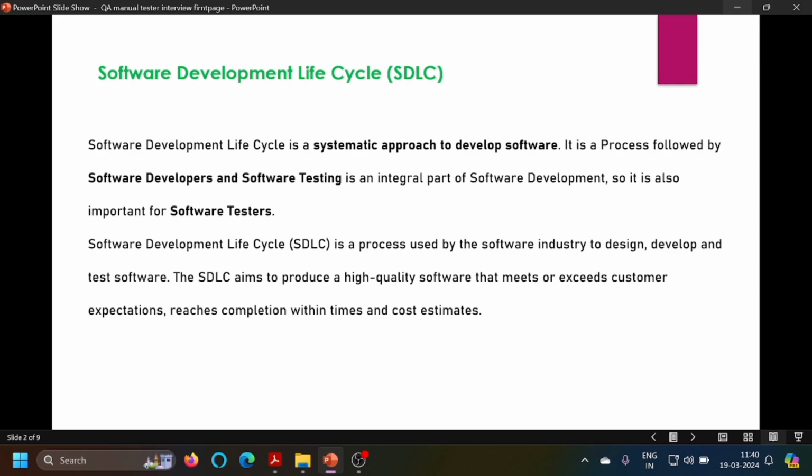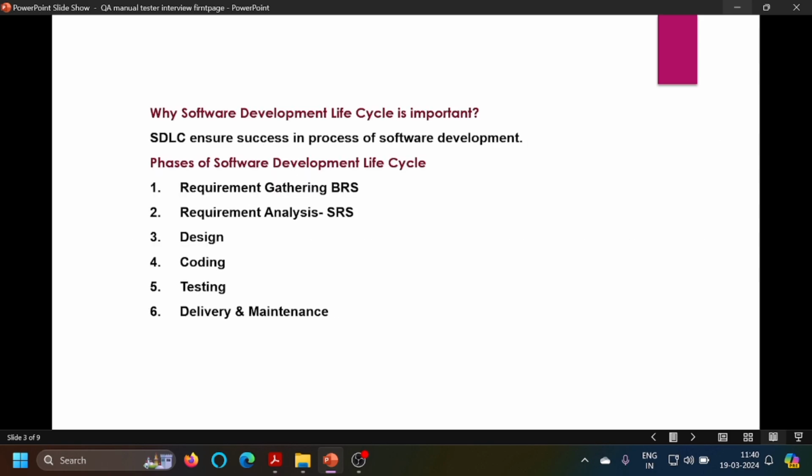The SDLC basically aims to produce a high quality software that meets or exceeds customer expectation and reaches completion with time and cost estimation. Okay, and basically there are six stages or phases we can say of a software development life cycle. That is requirement gathering.